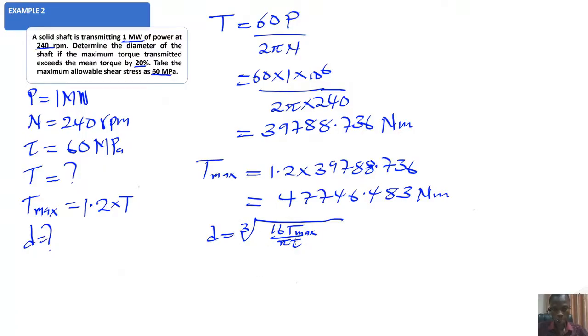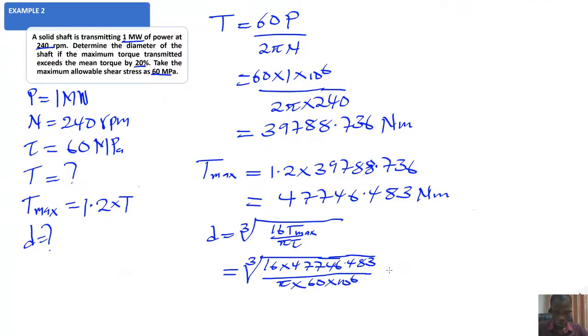All right. Then if we put the values, we are going to have D to be equal to the cubic root of 16 times 4,774.483 divided by pi times the tau, the allowable shear stress, which is 60 times 10 exponent 6.